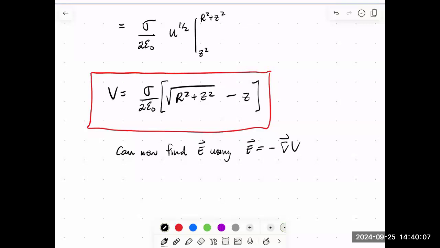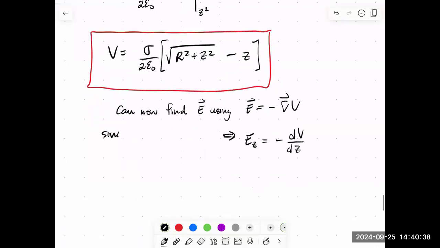But there's no little r's in this expression, it's just capital R, which is constant. There are no phi's in this expression. The only non-zero derivative is going to be the z derivative. And so the z component is minus dV/dz. And so that's what we have to evaluate.